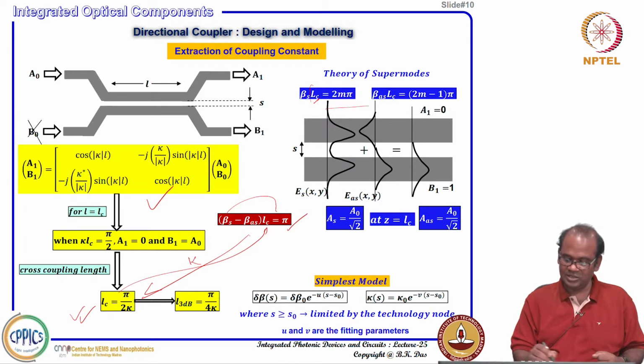Okay. Here LC equal to pi by beta s minus beta a. So, this and this if you just make equal, then I can get kappa equal to whatever the value comes.